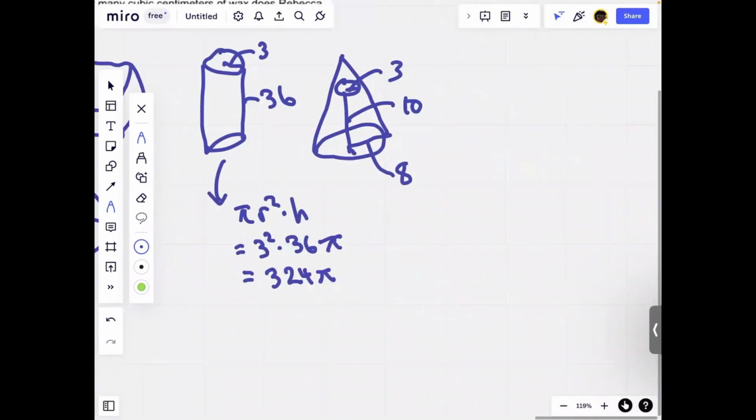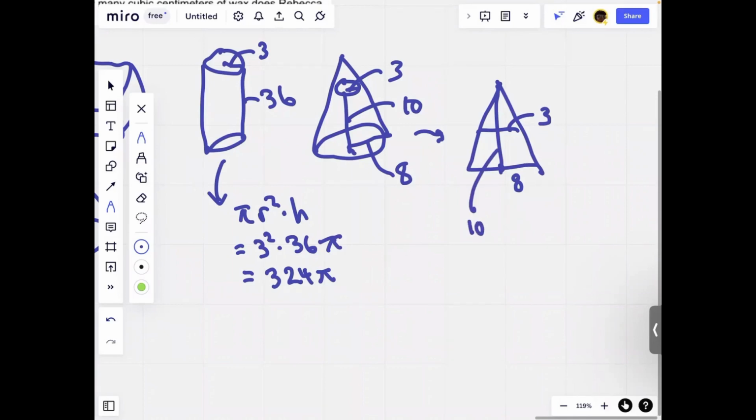Next, for the frustum, if we cut it through the middle, we get this triangle, where this is 8, the height is 10, and this is 3.